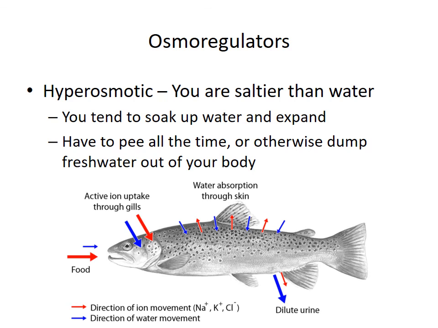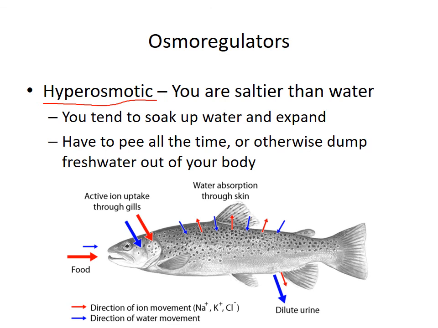The first situation that we'll talk about is being hyperosmotic with respect to the water around you. That means that you are saltier than the water. You've got more salt in your body fluids, like your blood and your intracellular fluids, than there is in the water around you.